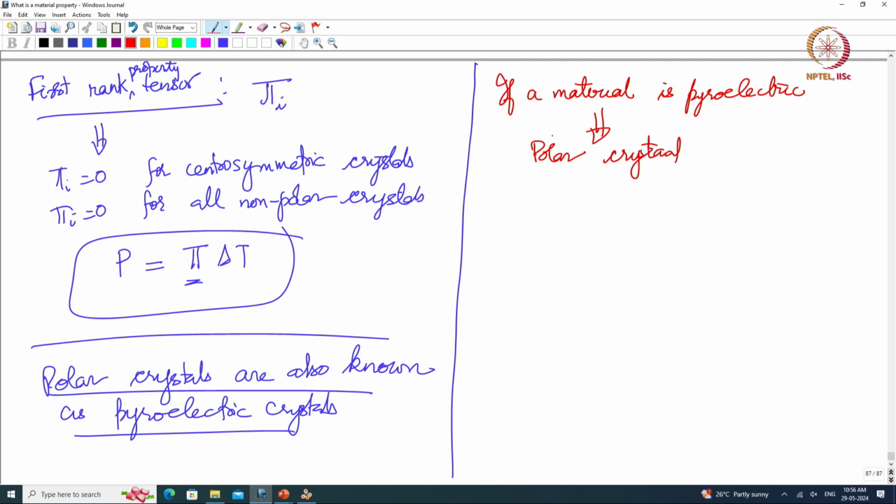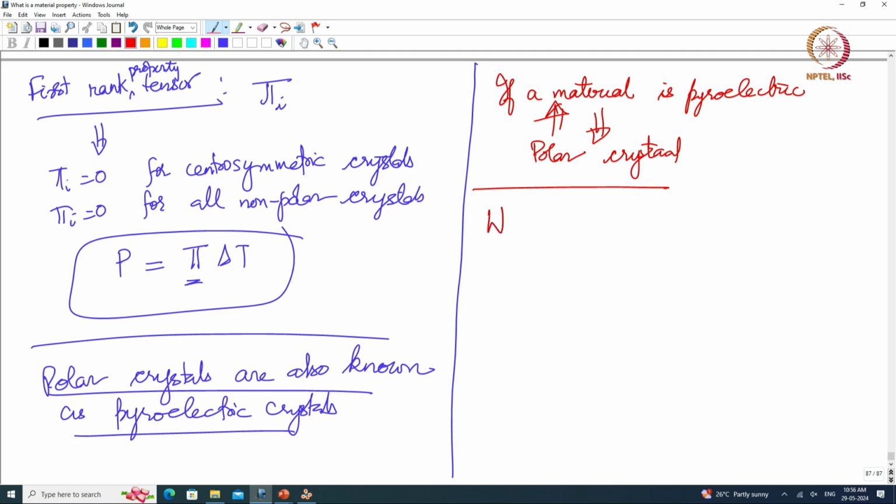Or in other words, all polar crystals are pyroelectrics. So, you will always have the pyroelectric property. That is a property that has come out of the symmetry. You can prove to yourself that all non-polar crystals have pi equal to 0. So, this is a double implication.